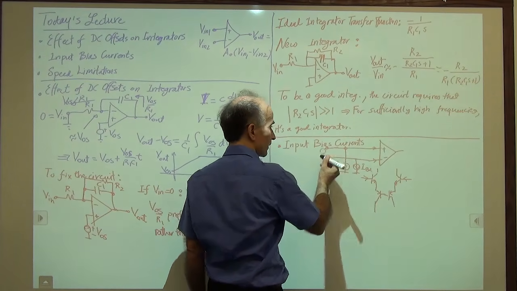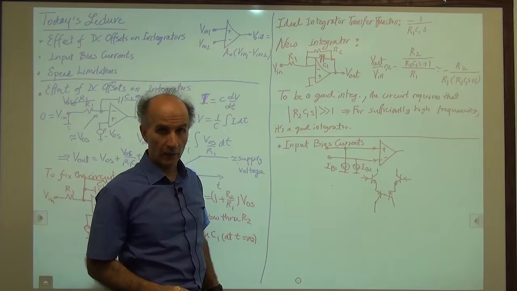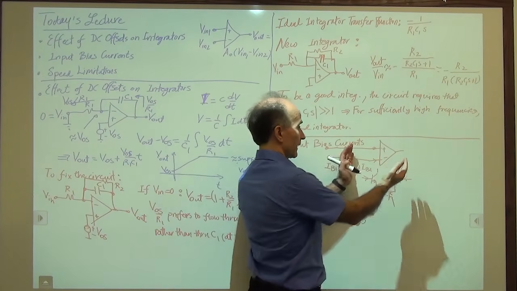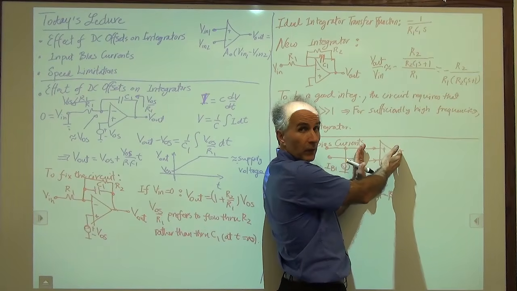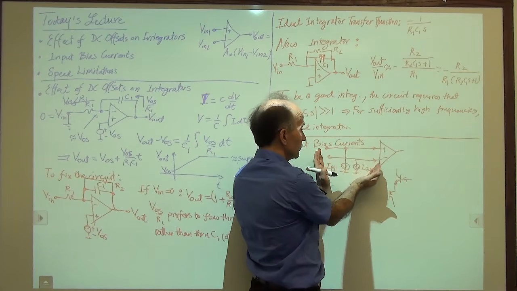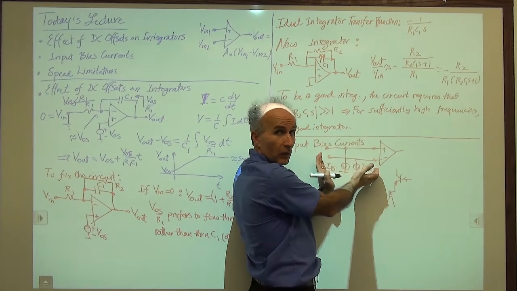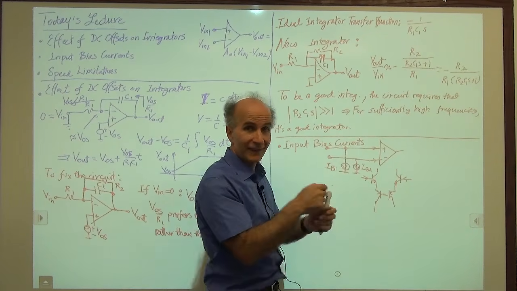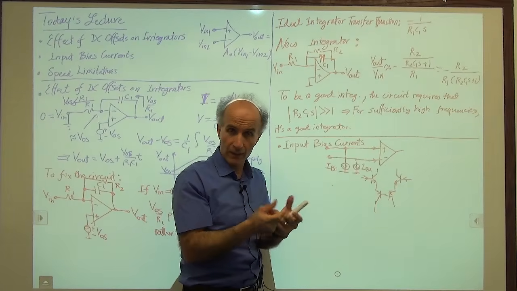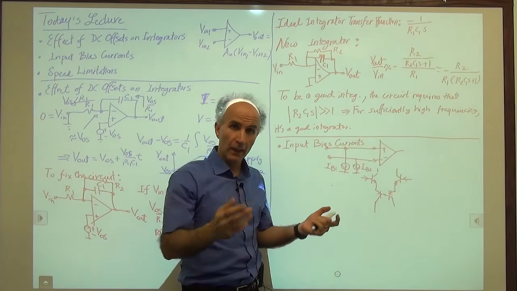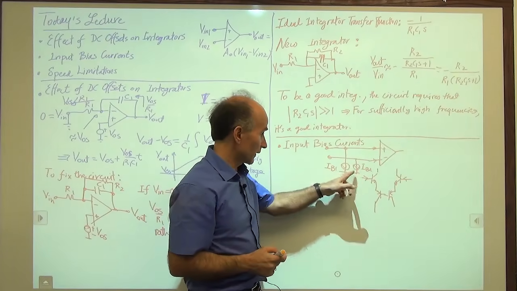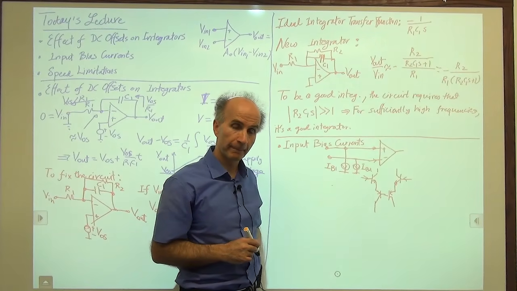And these are the two inputs of the op-amp. In other words, the op-amp consists of the ideal op-amp, or the op-amp that we have studied before, and two additional current sources that model these currents. To find the value of these currents, we go to the data sheet of the 741 and see how much they are. I don't remember, maybe a microamp or 0.1 microamp or something in that range. So those are the currents that we have here.